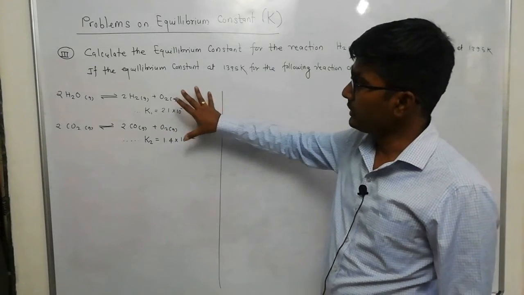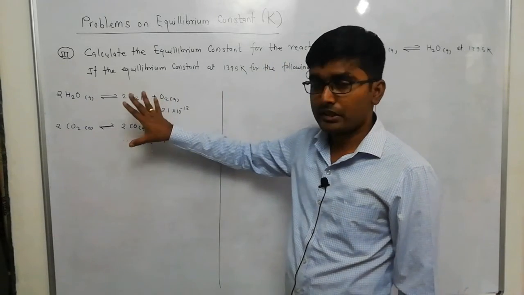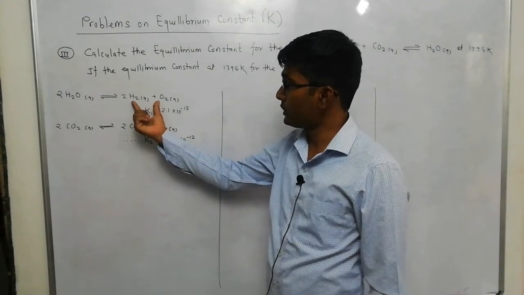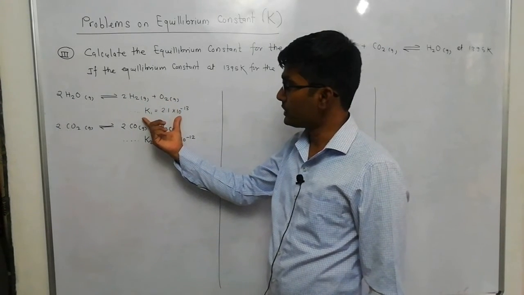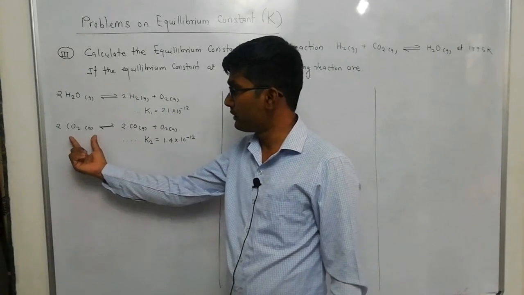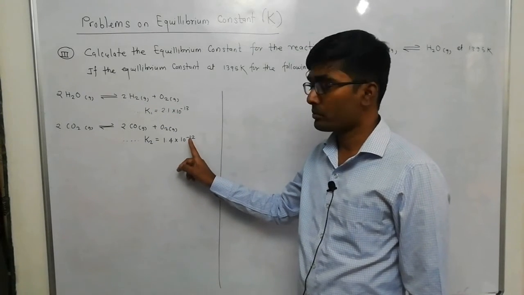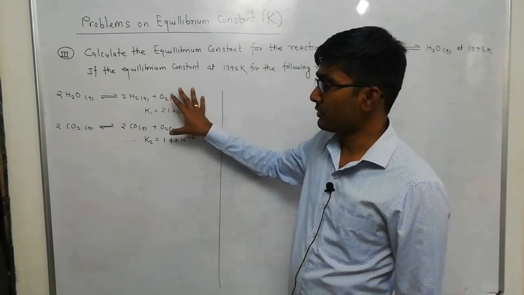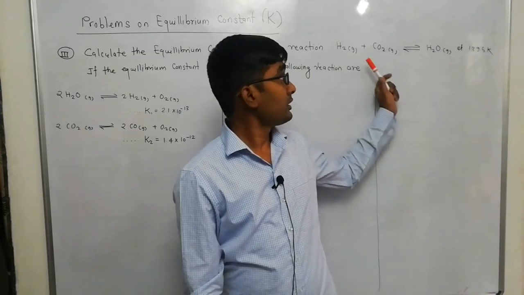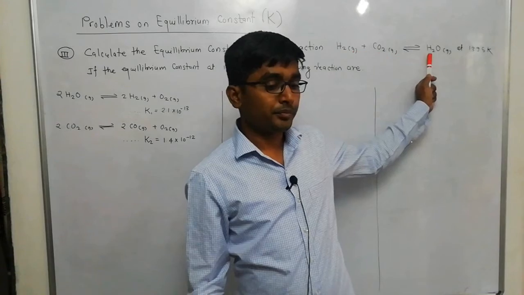The equilibrium constants at this temperature for two reactions are given. The first is the decomposition of water into hydrogen and oxygen, with the equilibrium constant observed to be 2.1 times 10 raised to minus 13. For carbon dioxide, the equilibrium constant K2 is observed to be 1.4 times 10 raised to minus 12. From these two reactions we need to find the equilibrium constant for the reaction of hydrogen plus carbon dioxide giving H2O.